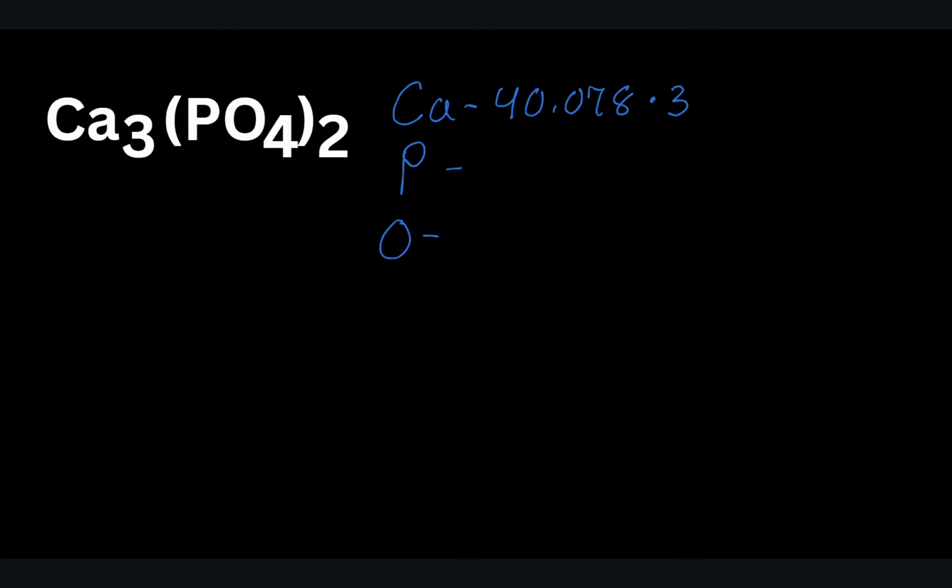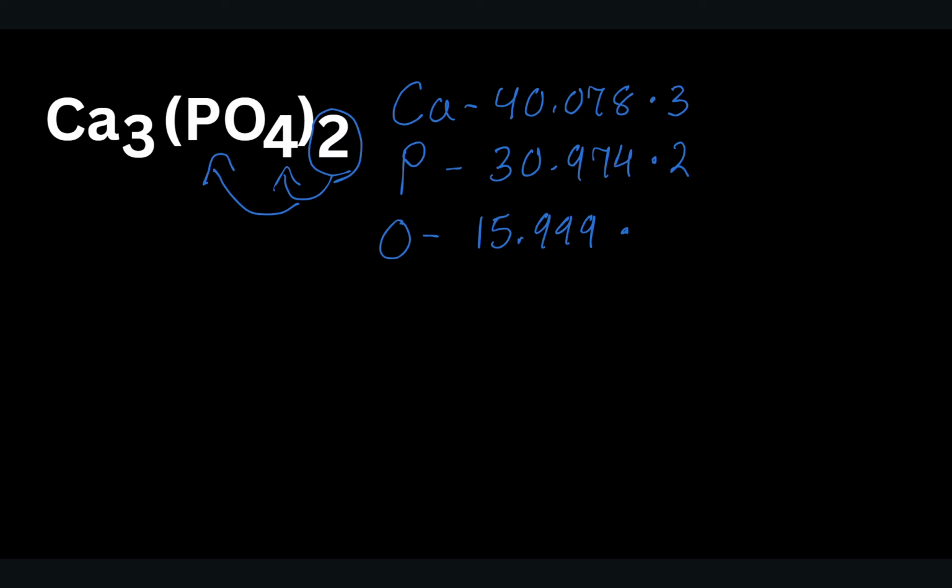Now looking at our phosphorus, it should be 30.974, and I have 2 of them. Remember that I have 2 because the subscript on the outside of the parentheses distributes inward, so I will have 2 phosphorus atoms. Now taking a look at our oxygen, it should be 15.999, and because of that 2 distributing inward, I end up with 8 of them.